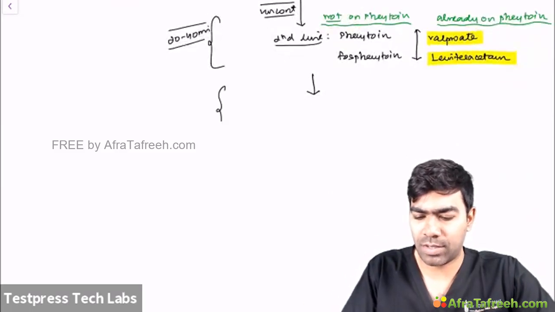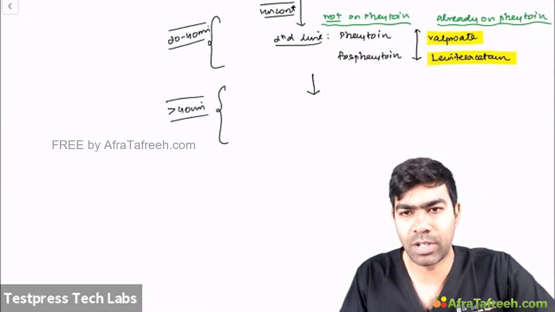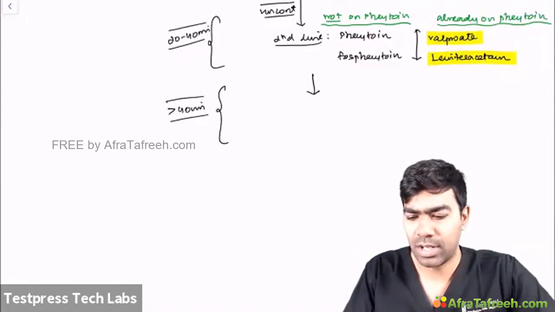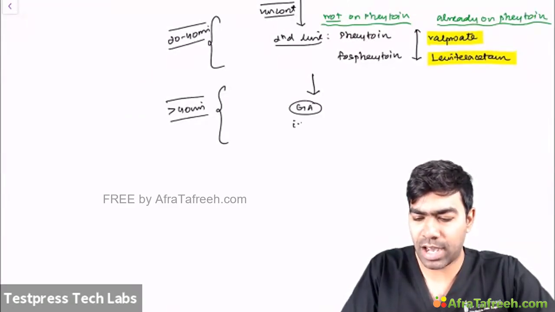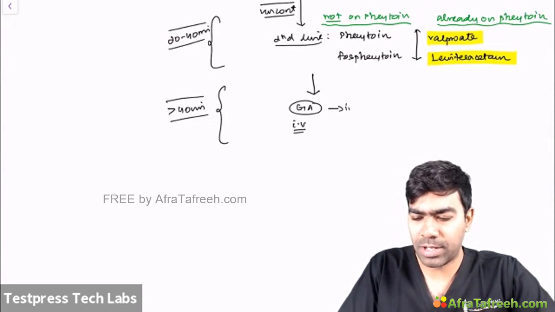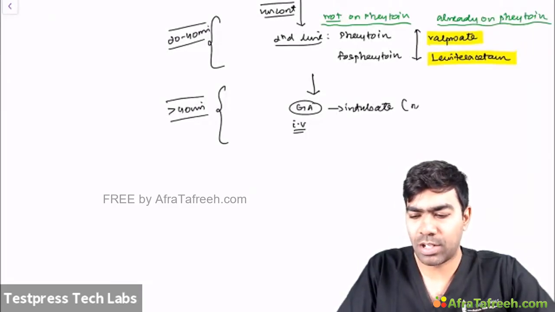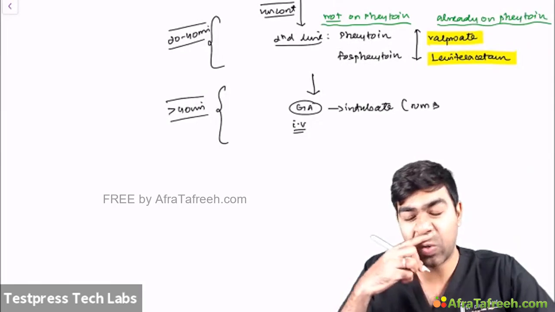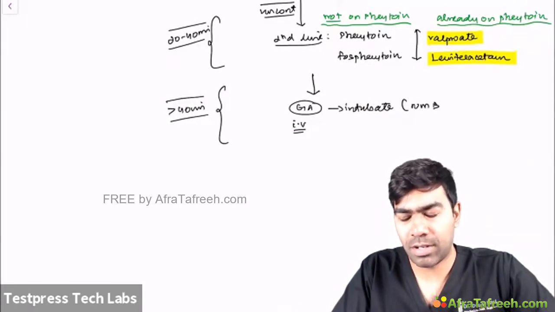And once the seizure crosses 40 minutes, which means your second line drugs have also become ineffective, and if it's continuing, then it's better to induce general anesthesia. Typically, we prefer IV general anesthesia in this setting, which means you have to intubate the patient first to give these drugs. When you intubate, you are using a neuromuscular blocker like succinylcholine, or probably vecuronium or rocuronium.